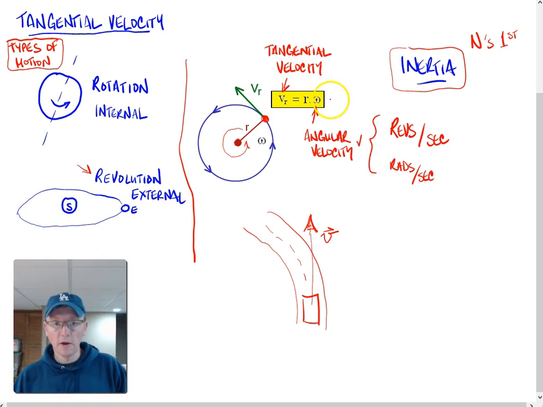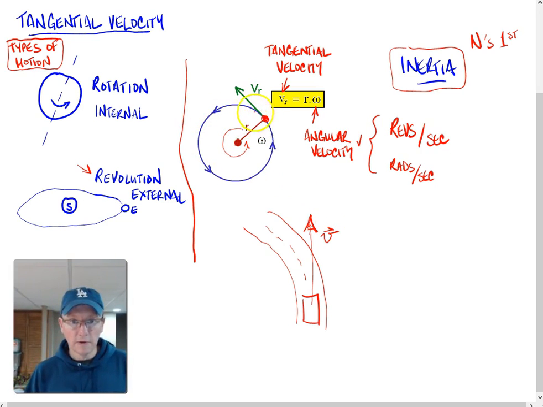Now there is a relationship between the angular velocity and the tangential velocity, and it's right here. But we're not really going to do a lot of math with that. It's just important for you to understand what the concept is here. We are going to do math with tangential velocity, so you're going to have to know a little bit about how to calculate it. And so there's just one last piece here.